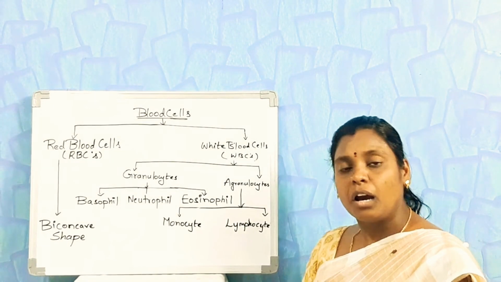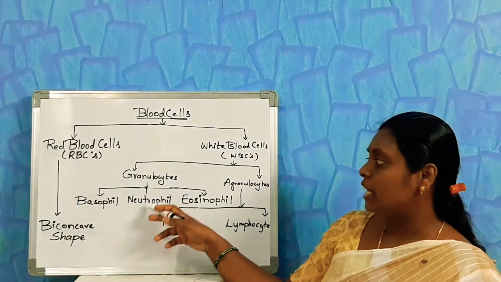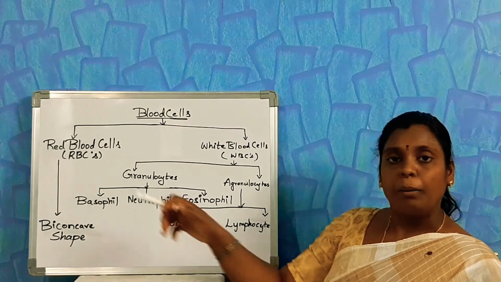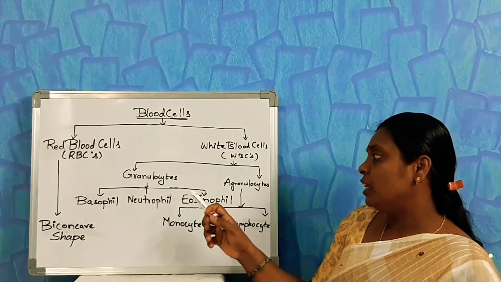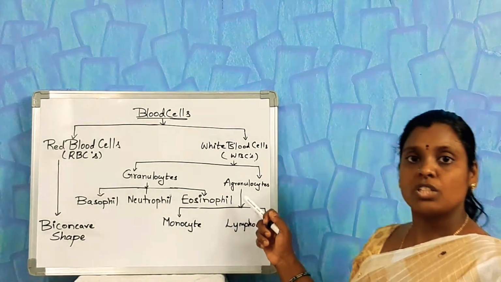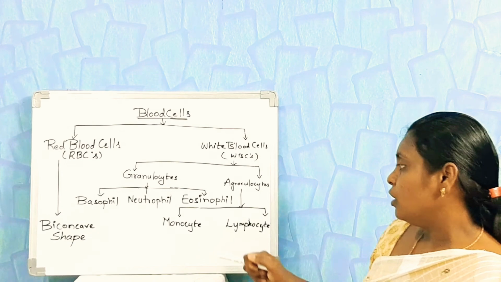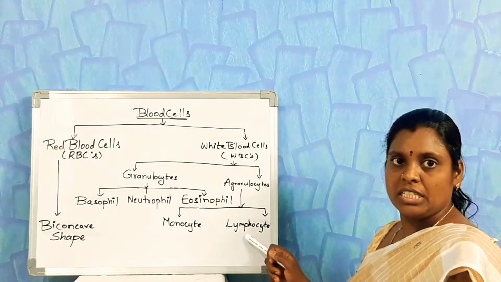You can see in the picture. These granulocytes are again basophils, neutrophils and eosinophils, and agranulocytes are again monocytes and lymphocytes.